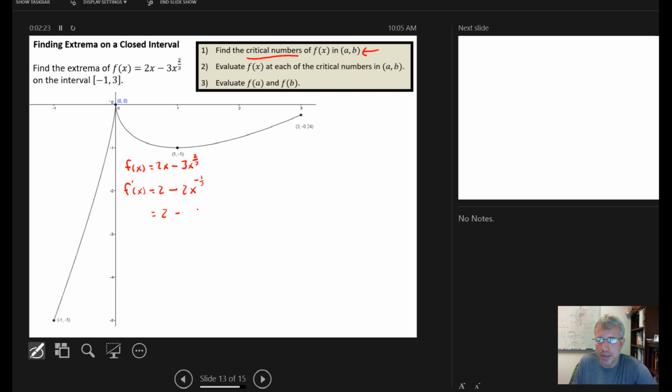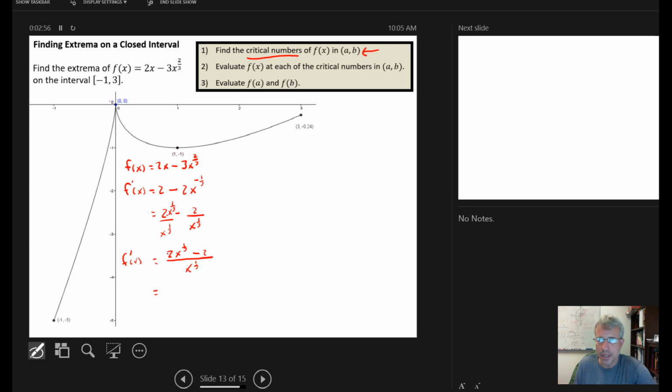So I want to recognize that the derivative is the same as 2 minus 2 over x to the positive 1/3. And then finding a common denominator, I would multiply this by x to the positive 1/3 over x to the positive 1/3, and that's going to give me a derivative cleaned up that looks like 2x to the 1/3 minus 2, all over x to the 1/3.